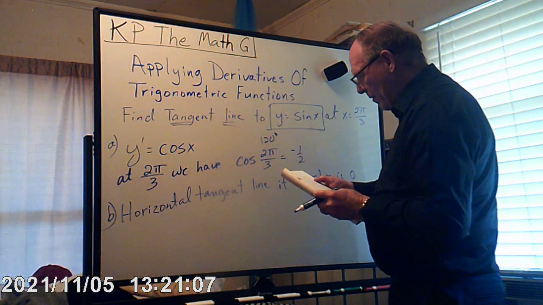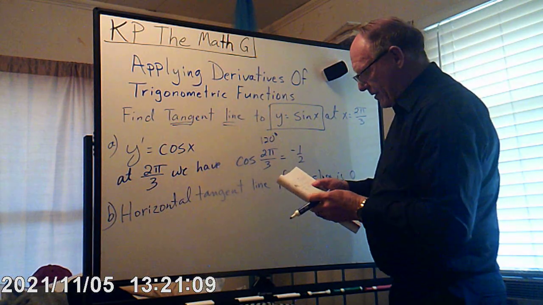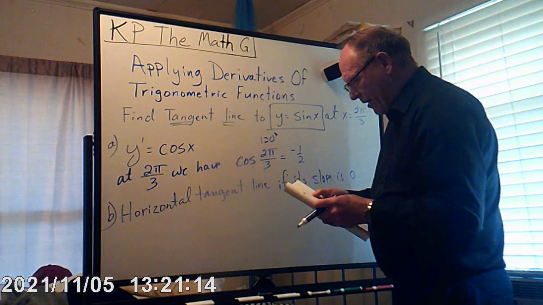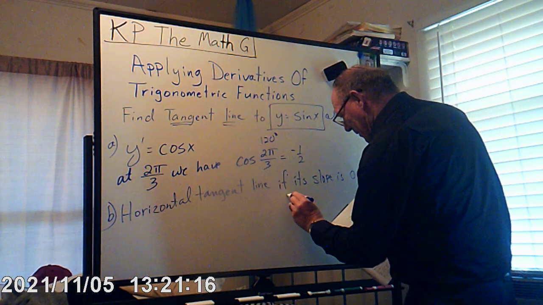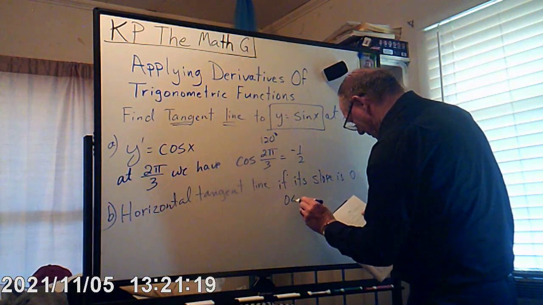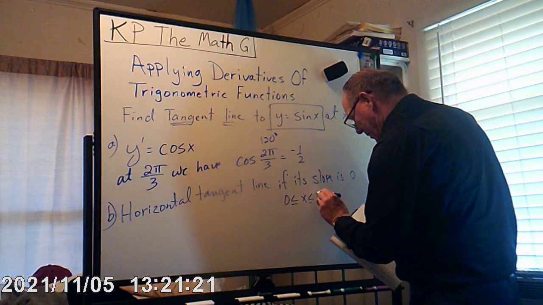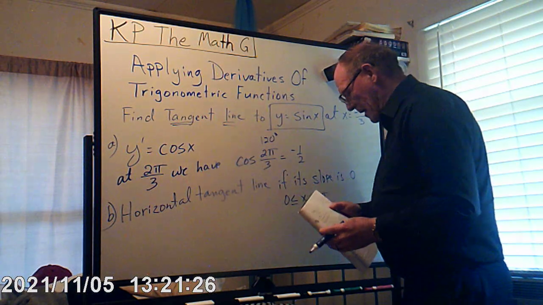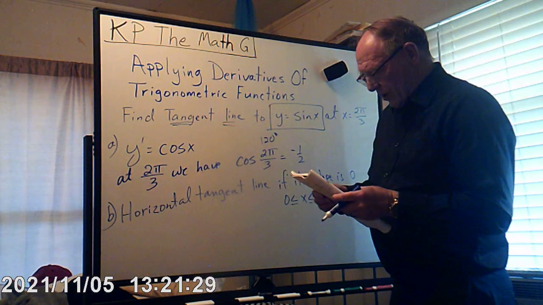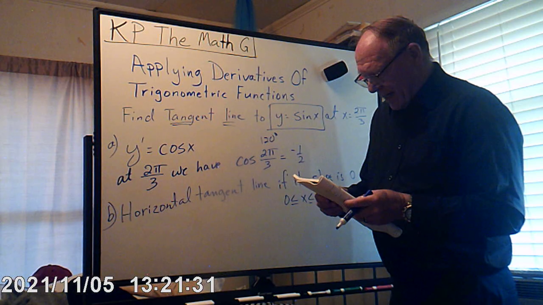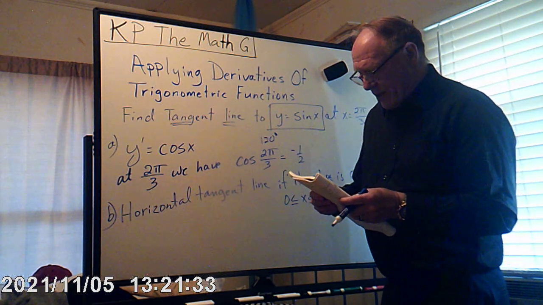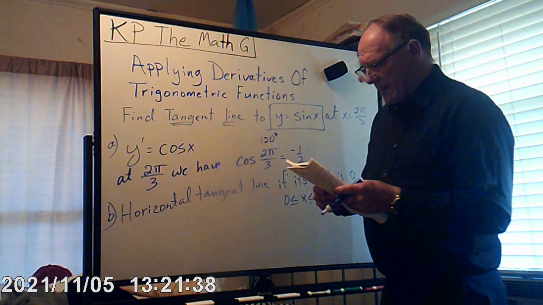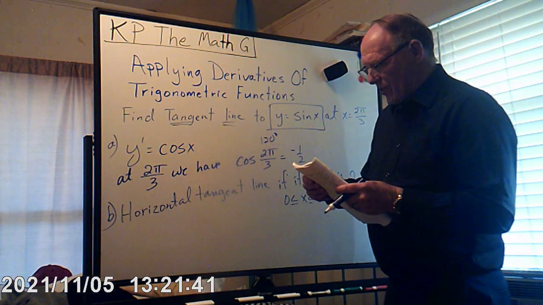It says, what values of x is the tangent line horizontal, if x is between 0 and 2 pi, which is a full circle. The tangent line is horizontal if the slope is 0, and that's the question: what values of x is the tangent line horizontal?